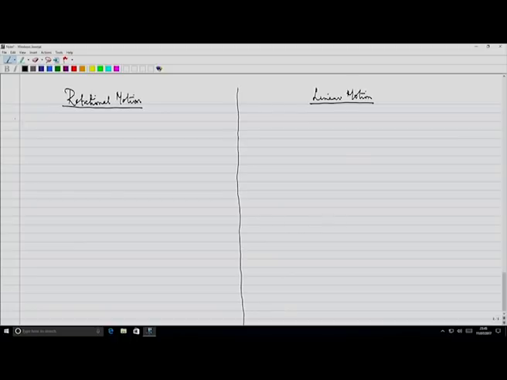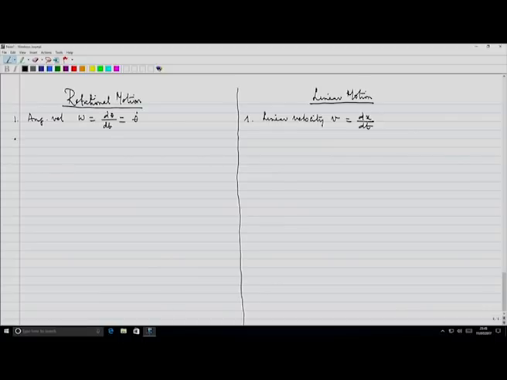One, what are the various quantities? Angular velocity. Its definition is omega equals d theta by dt, also denoted by theta dot. In linear motion, the role of theta is taken over by x, therefore linear velocity is v equal to dx by dt.